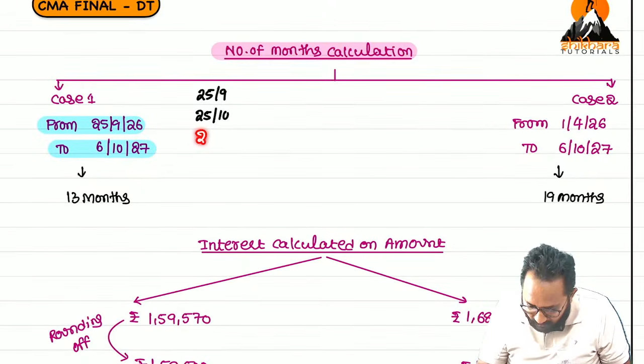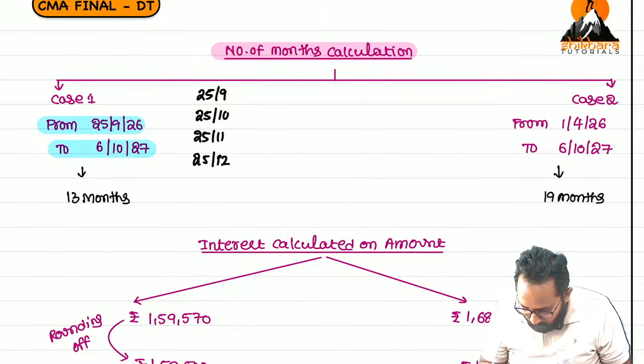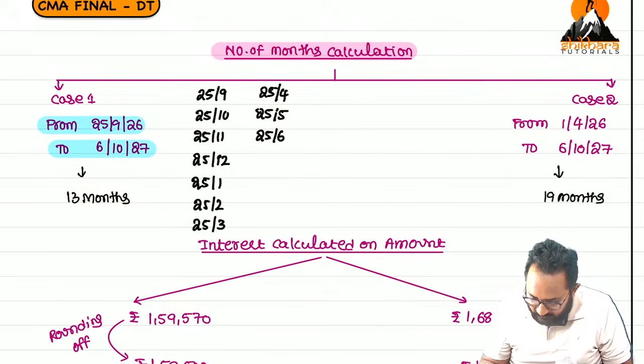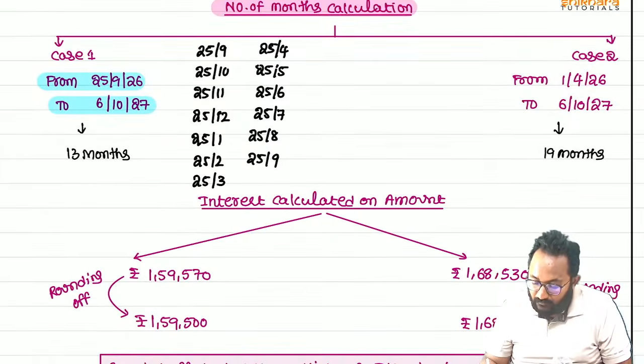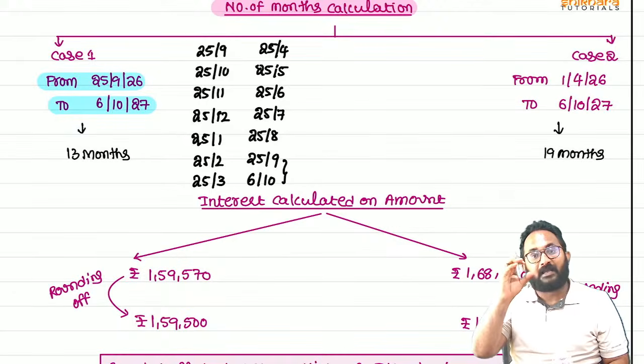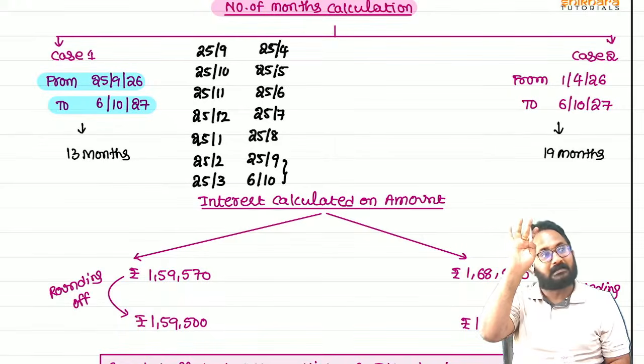Next month, 25th 11, 25th 12, 25th 1, 25th 2, 25th 3, 25th 4, 25th 5, 25th 6, 25th 7, 25th 8, 25th 9. Then after that we have only a part, that is 6th 10. Whatever period is left at the end is only part of the month.